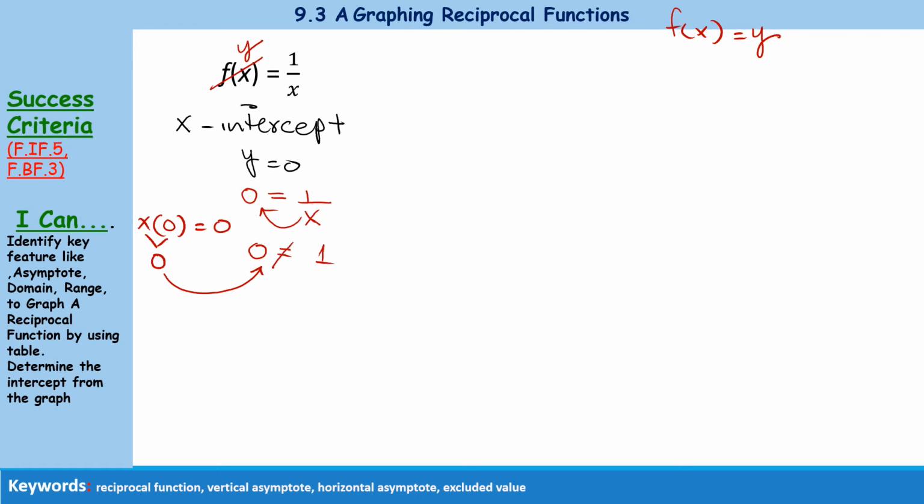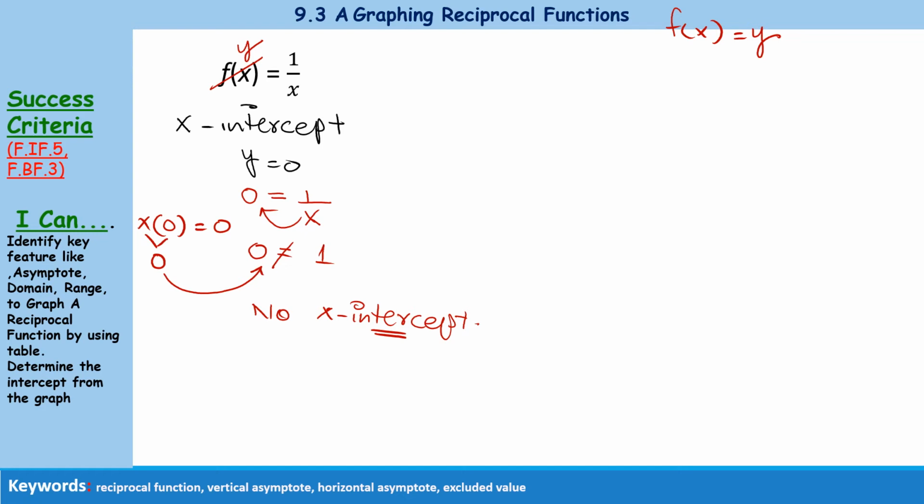No, 0 is not equal to 1. So it means that you don't have an x-intercept. You will say no x-intercept. And just now we understood that if there is a horizontal asymptote, it means there is no line touching that point. If the line is not touching at 0, it means no x-intercept.